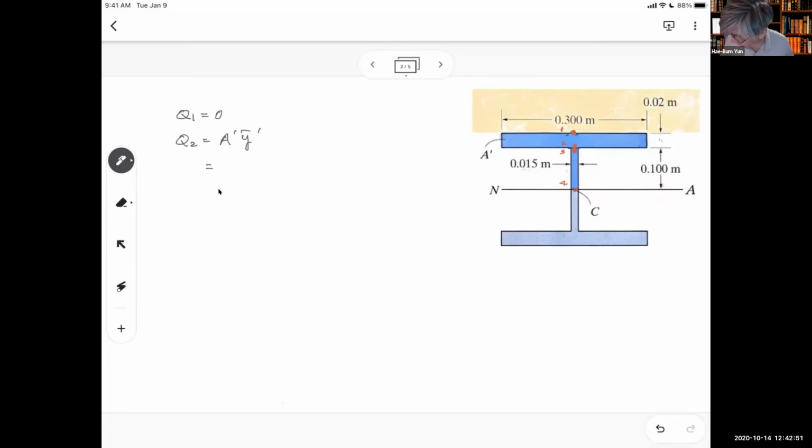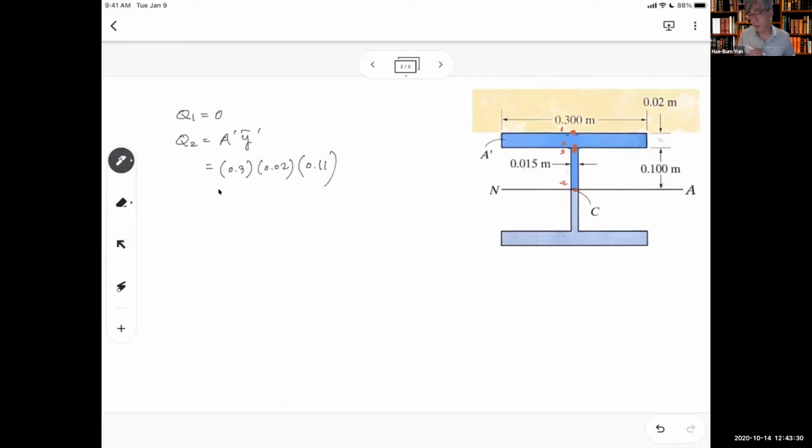So Q2 includes the flange, right? So the area is 0.3 and 0.02. This is the flange. And then the distance from the neutral axis to the center of the flange, which is 0.11, 0.11, right?